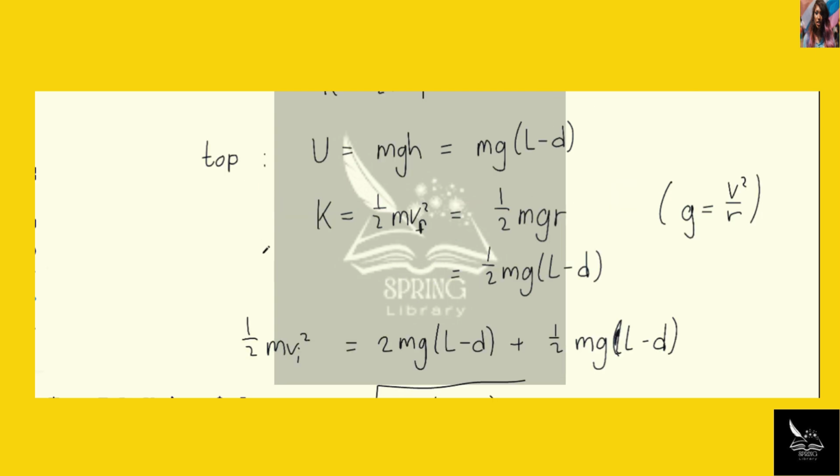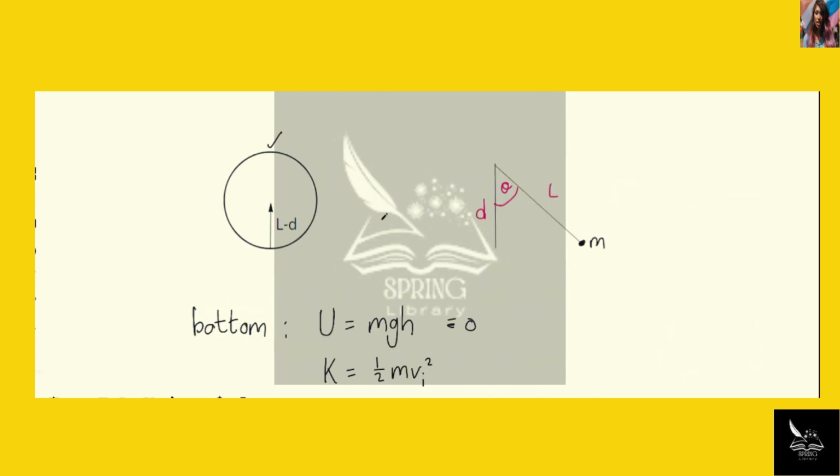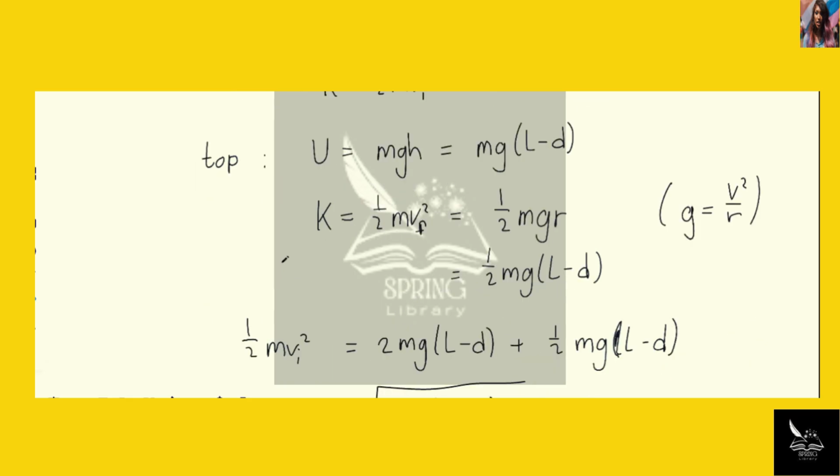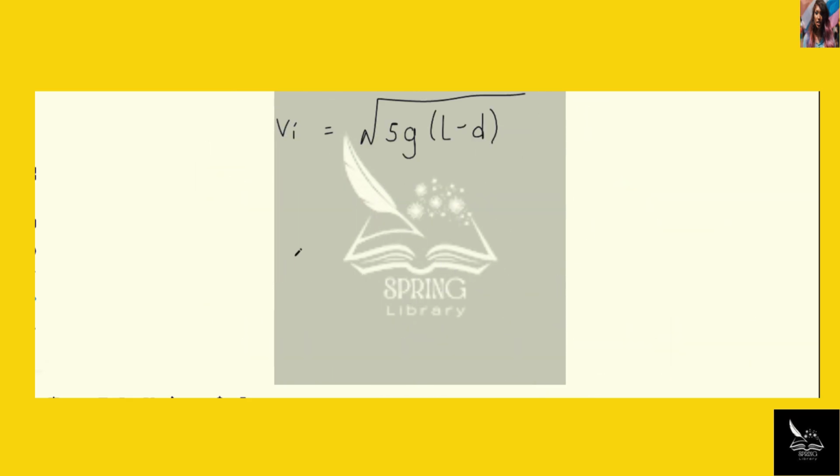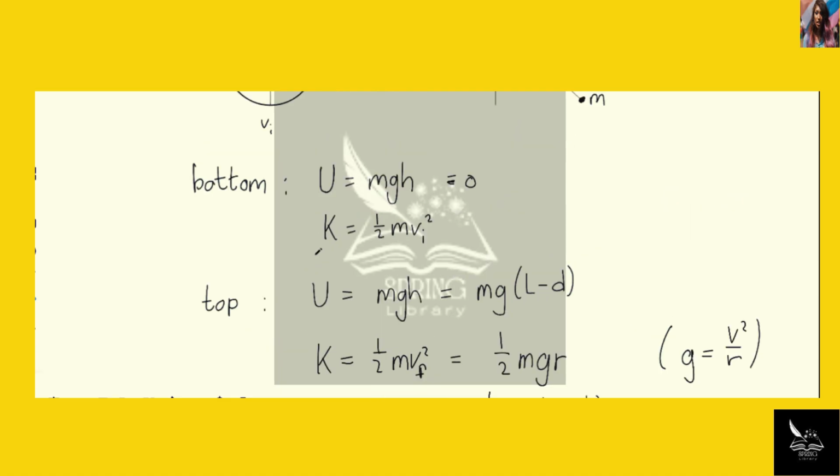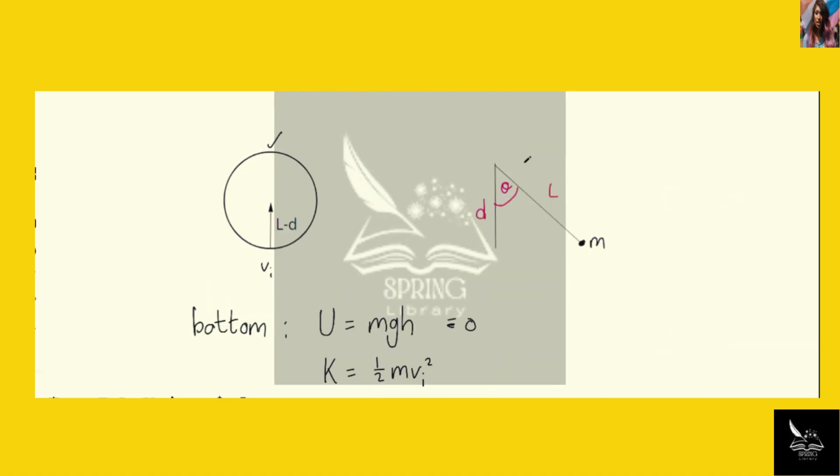Okay, so the minimum velocity or the minimum speed of the pendulum at its lowest point, vi, is square root 5g into L minus d. But what is the minimum angle theta?